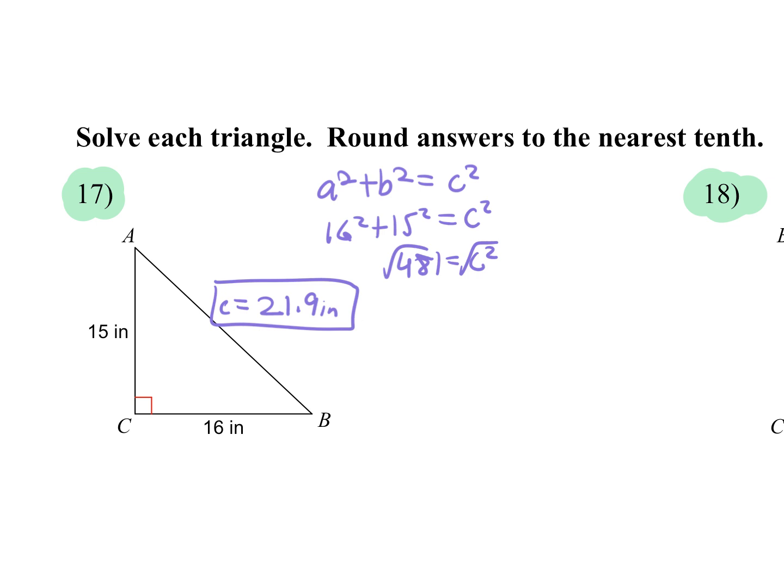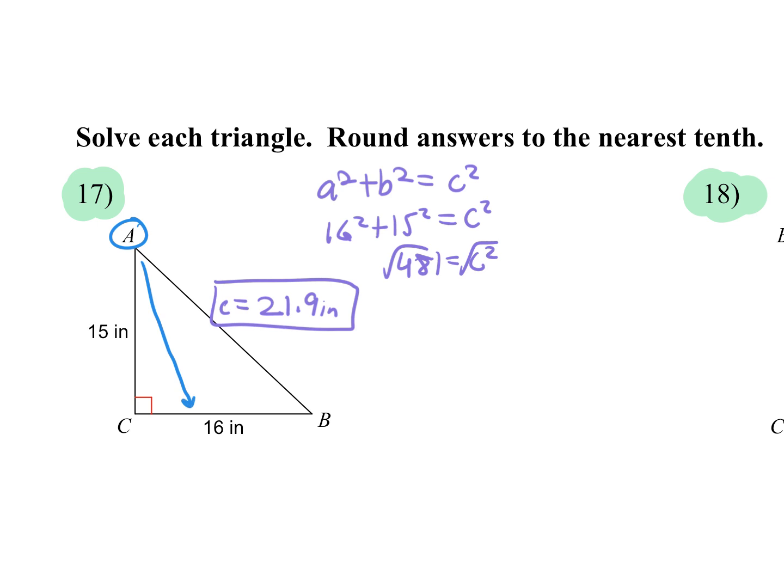All right, what's missing now? Yeah, right, the angles. So let's go one by one. So let's find angle A. Okay, what's one way that we can find angle A? Okay, we can use SOHCAHTOA, right? One of our trig ratios.